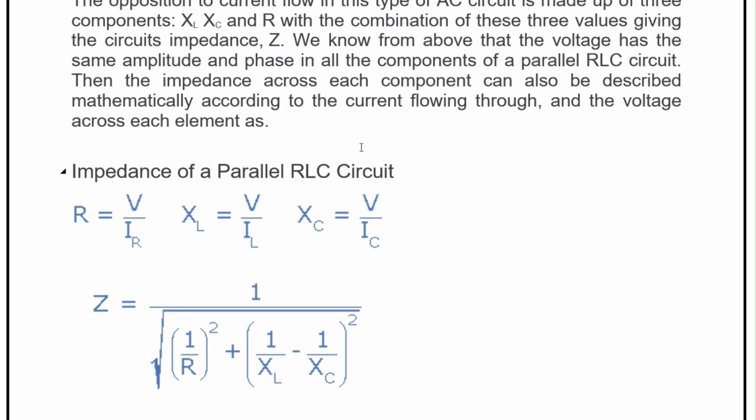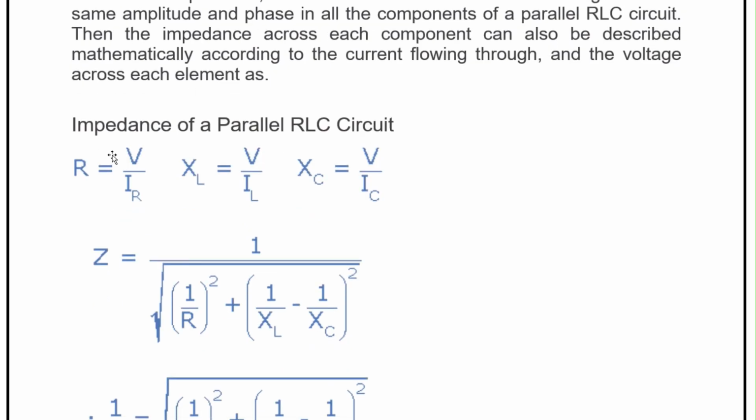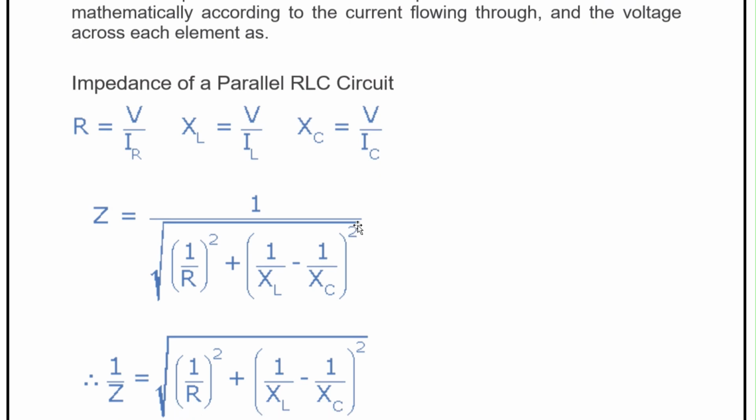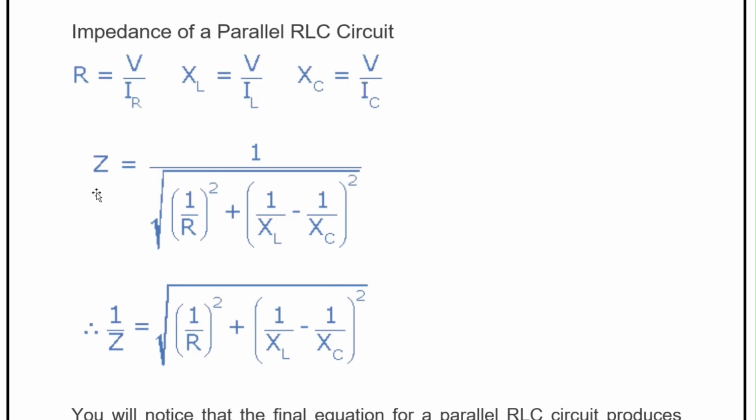V is the voltage. So for the impedance of the parallel RLC circuit, R equals V upon IR, XL is V upon IL, XC is V upon IC. Z is equal to 1 upon the square root of 1 by R plus 1 by XL minus 1 by XC.